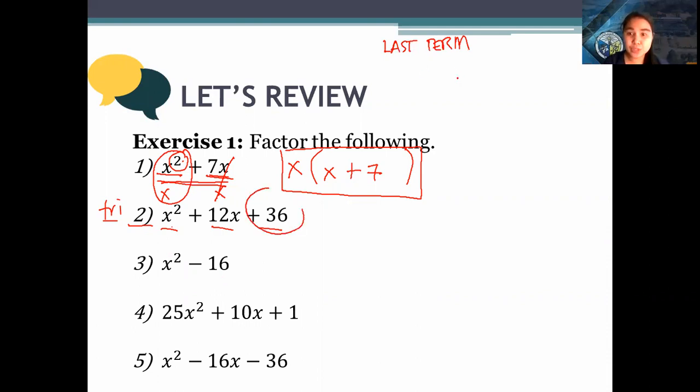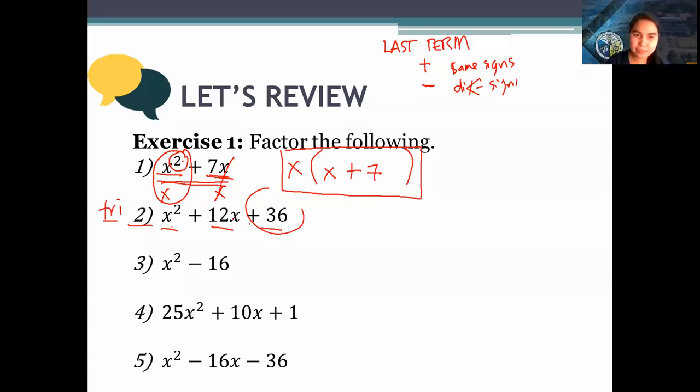If the last term is positive, it means they have the same signs. If the last term is negative, they have different signs.